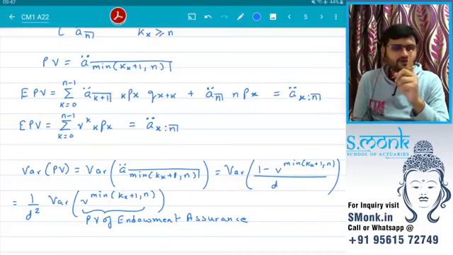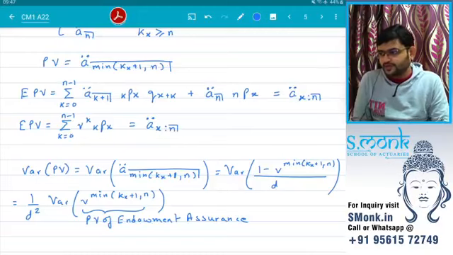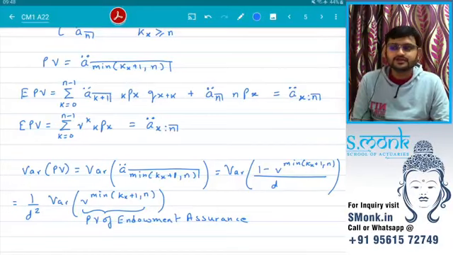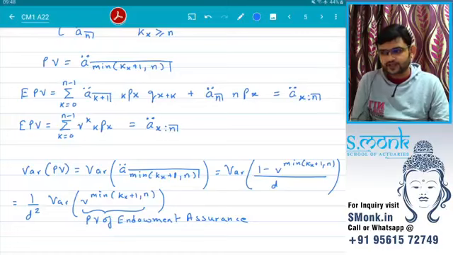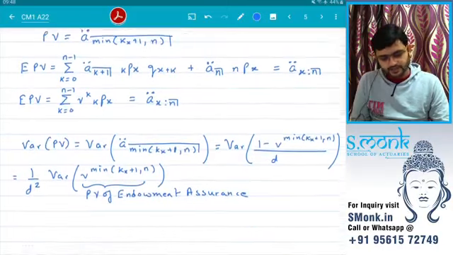There's only one payment, therefore discounting of only one payment at time what? Minimum of K x plus 1 or n. So either at the end of the year of death or at time n, whichever comes earlier. That is why it is the minimum of those things. So it is nothing but the present value of endowment assurance.